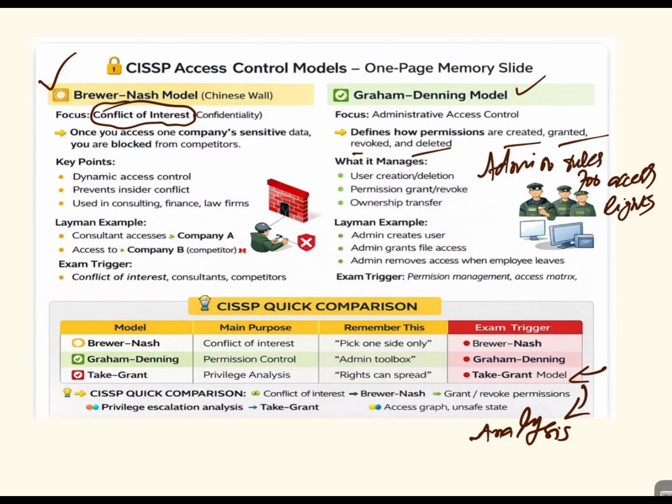So it tells you exactly if there is a path where someone could eventually get more power than intended. One thing is privilege escalation, and also privilege creep, another term which you might have heard.